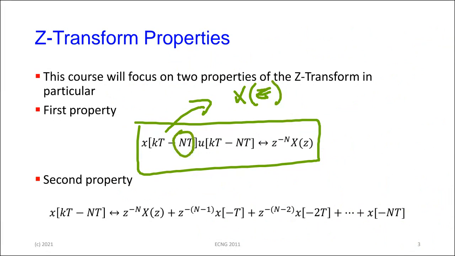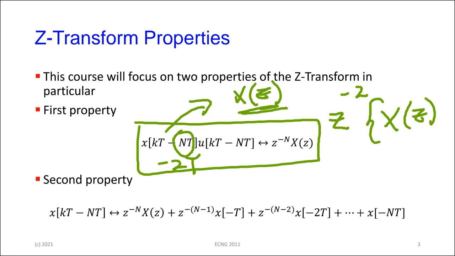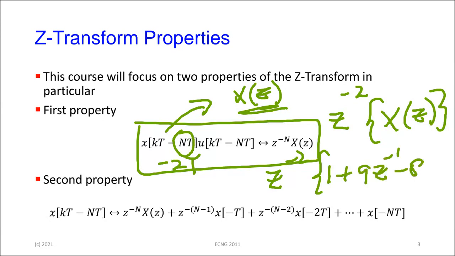In our first example, we delayed it by 2T, and we just showed that the z transform of that is the same X(z) that we had before, but you have to multiply it by z to the minus 2 into the original X(z), which was 1 plus 9z to the minus 1 minus 8z to the minus 2.